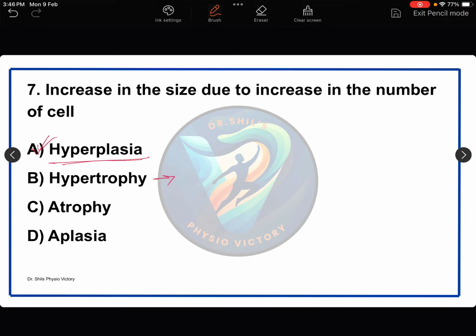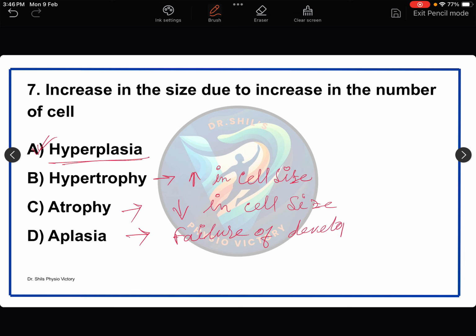Hypertrophy is increase in cell size. Atrophy is decrease in cell size. Aplasia is failure of development.